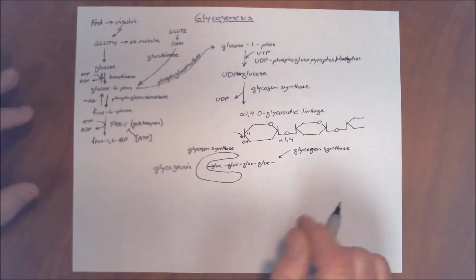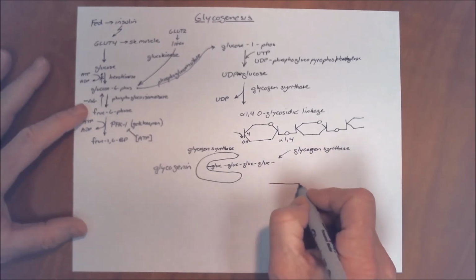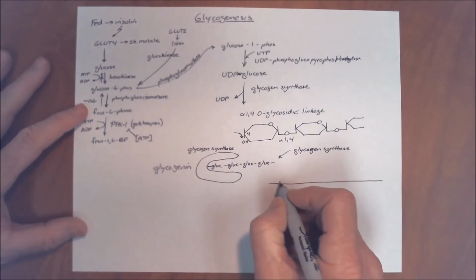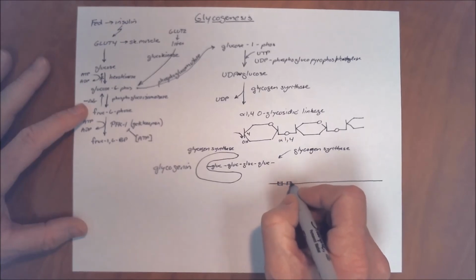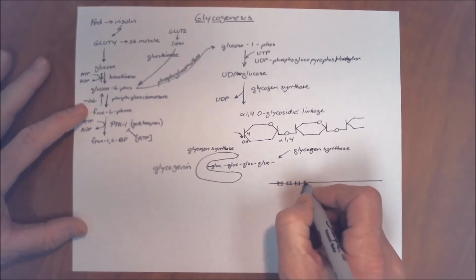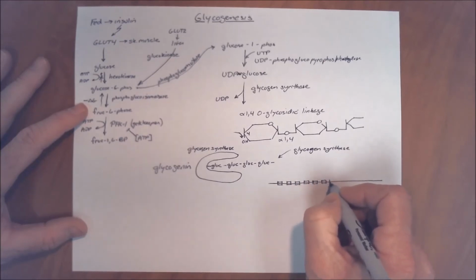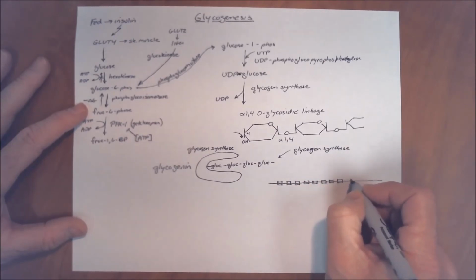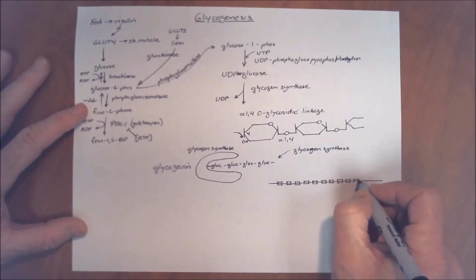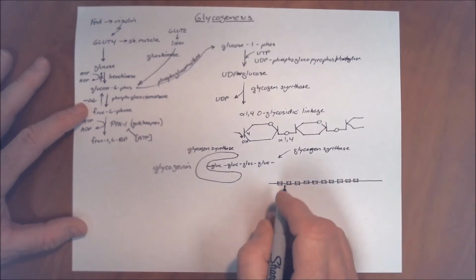Now once the polymer grows to a certain length, say these are our glucose residues, linked together with our 1,4 linkage, the thing to consider is that right now we only have one end.